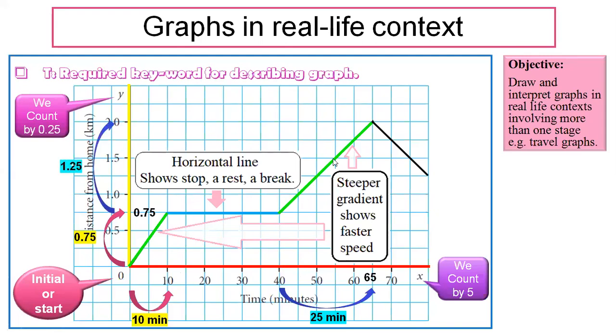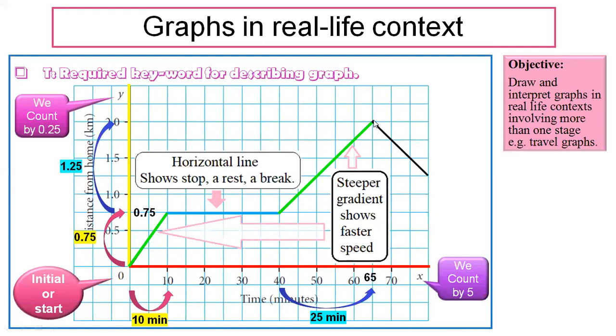Then it started moving. Sorry, not moving back. Continue moving forward for how many minutes? You can just count the minutes from the x-axis. Look, the second green line started here, 40, 50, 60. Look at the green line. You have to be very precise in knowing the numbers.